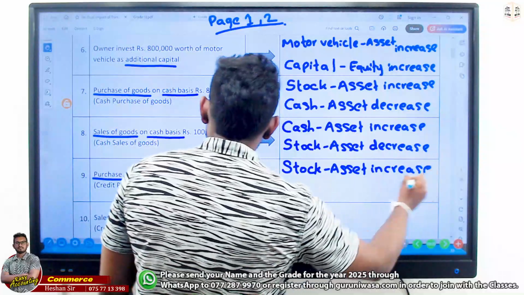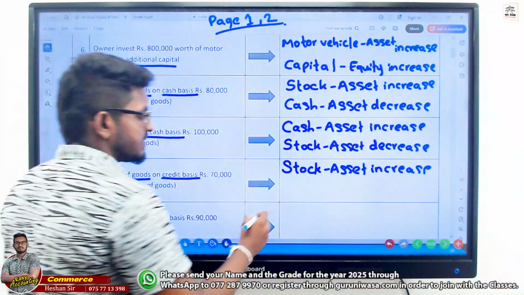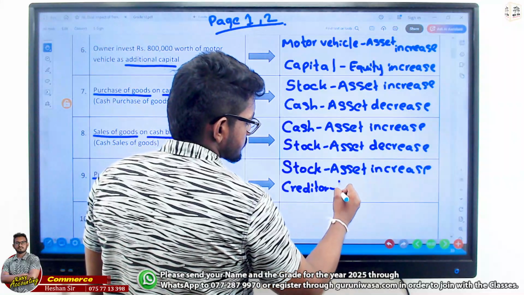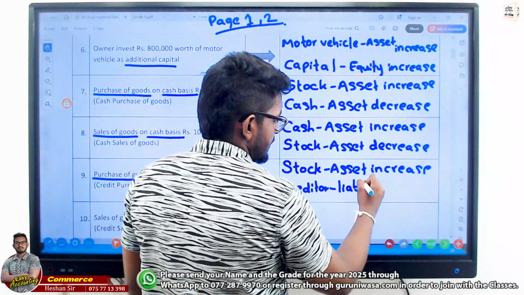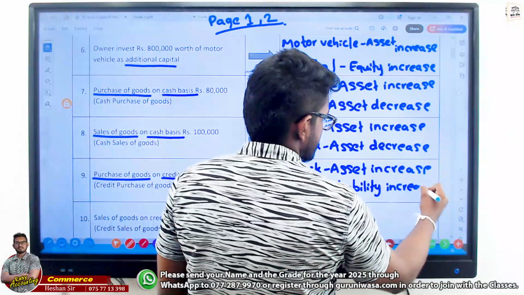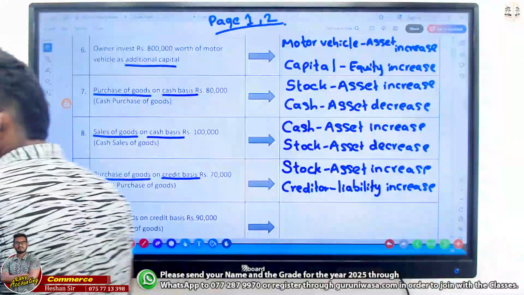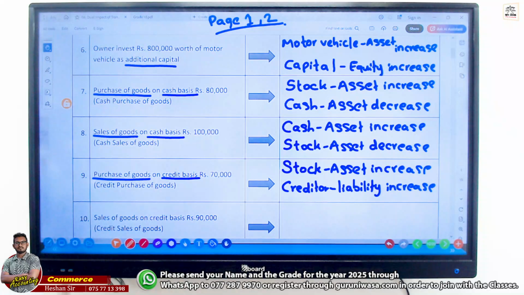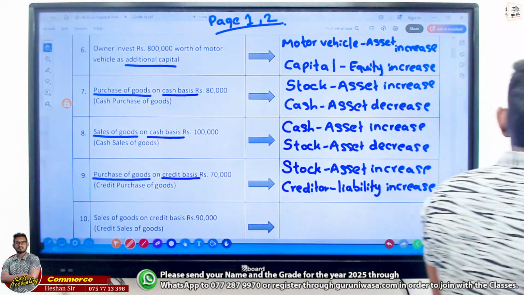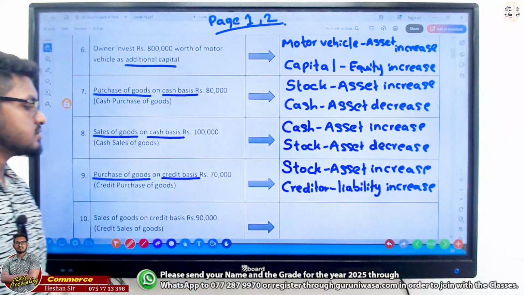We are not giving cash since it is a credit basis, so we identify creditor liability increase. Stock asset increase, creditor liability increase.